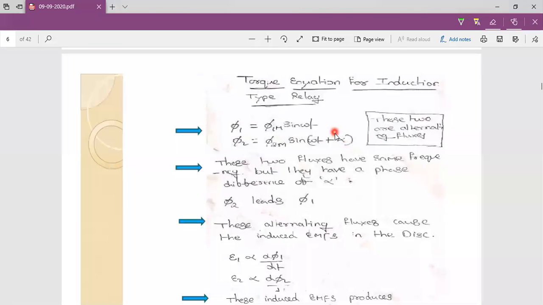Because of the split phase structure, here we can see two fluxes. One flux is phi 1 and the other is phi 2, and phi 1 is from I1, which we get from the current transformer. This phi 1 instantaneous value is phi 1m sin omega t. These two are alternating fluxes.